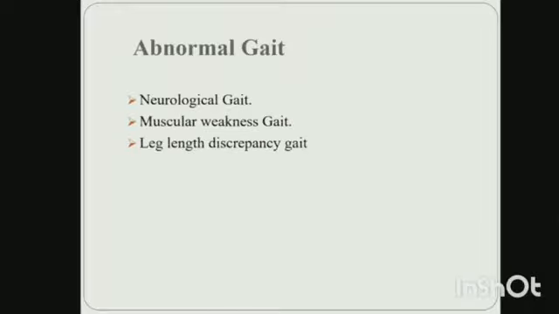Now coming to the abnormal gait. Abnormalities in gait can be due to neurological problems, muscular problems, length discrepancy problems, joint or muscle limitation problems, like pain problems. So we categorize all the abnormal gait into neurological gait, muscular weakness gait, leg length discrepancy gait, joint or muscle limitation gait, and pain gait.